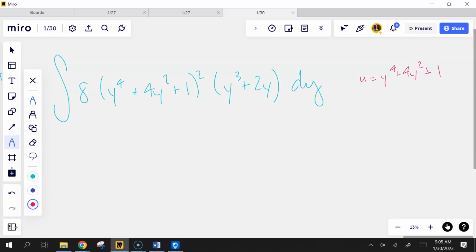Remember, when you take the derivative of what you let be u, it has to be whatever else is left in there. So if I took the derivative of this, I'd get 3y squared plus 2. That's not in there.